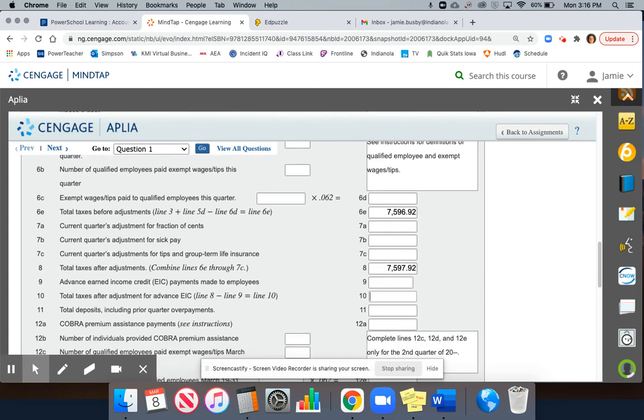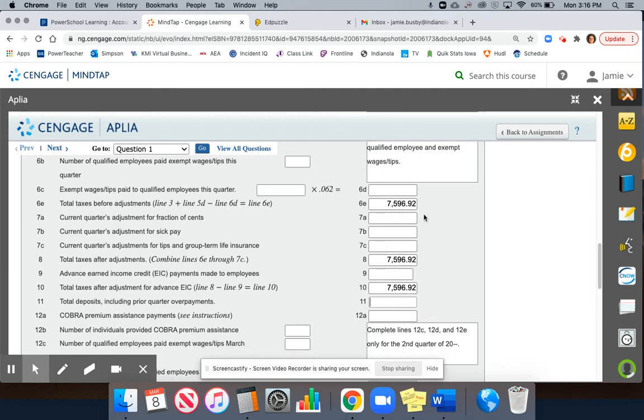So line 10, we put that same number again. For the same $7,596.92 several times here. 12A does not apply to us.